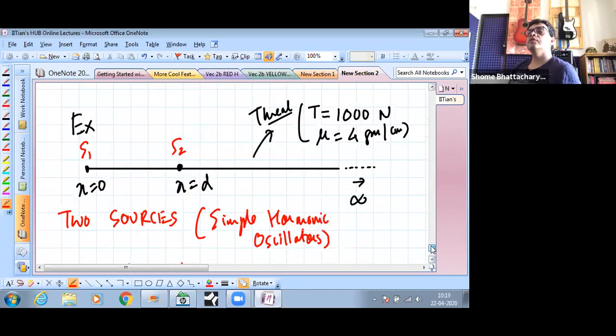So if a point P is like this, the general point, then due to the two oscillators at S1 and S2 operating simultaneously and in phase, you have to find what kind of interference or what is the net amplitude that we are getting at the point P.